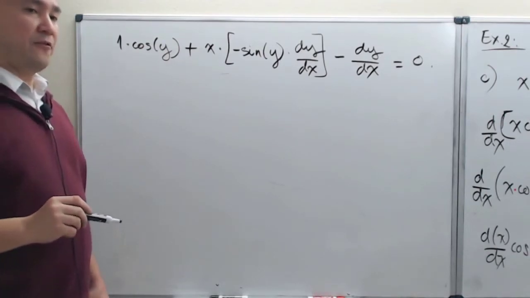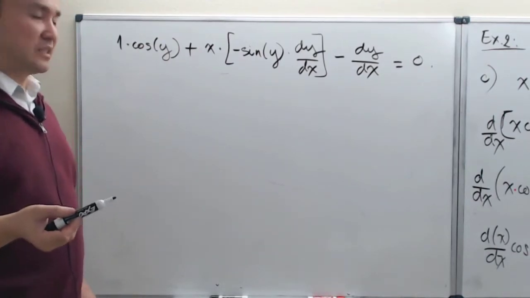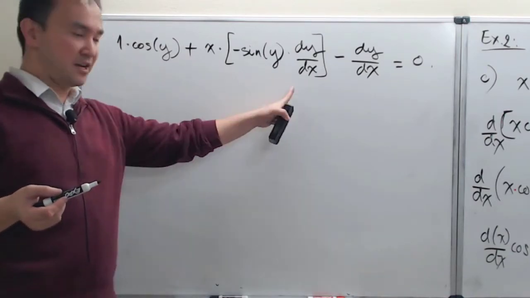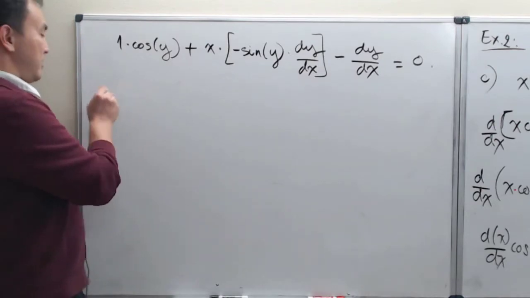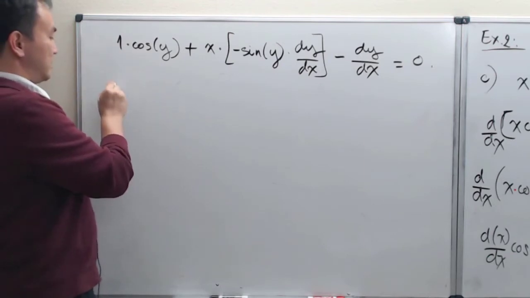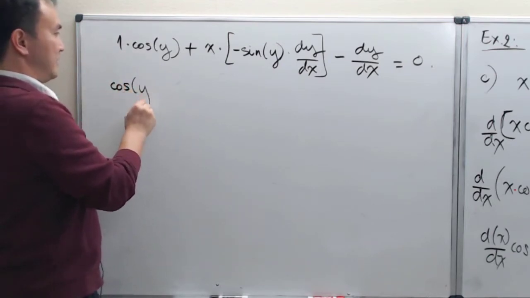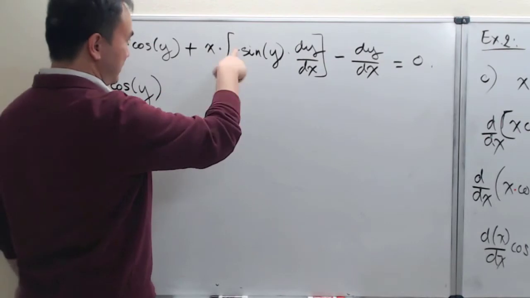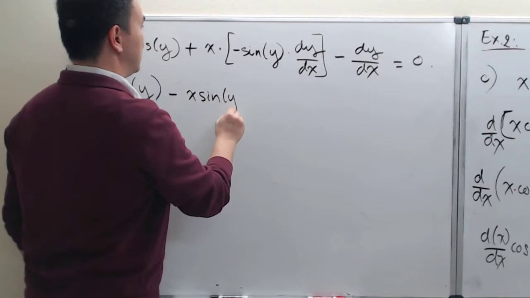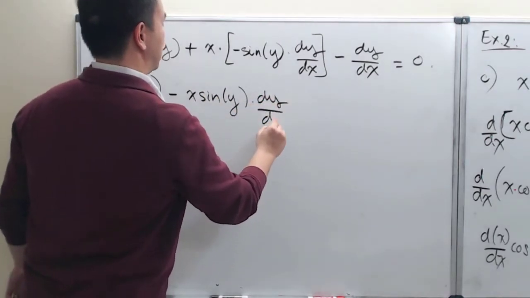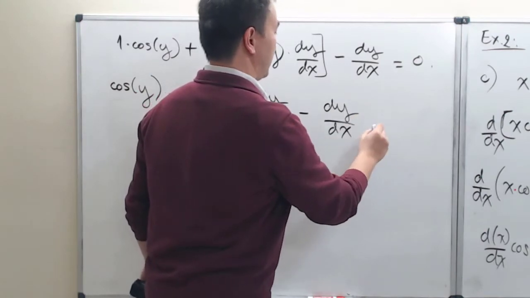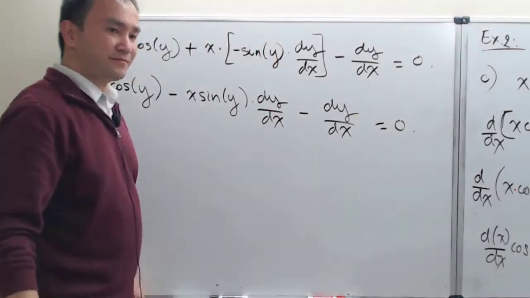Feel free to roll back to the earlier steps and see what the earlier step for this particular term was, and how I derived it at that point. In my next step, there's no reason to write that 1 here. So I'm looking at cosine of y, and now it's all products here, so I can say minus x times sine of y times dy dx, and then minus dy dx equals 0.